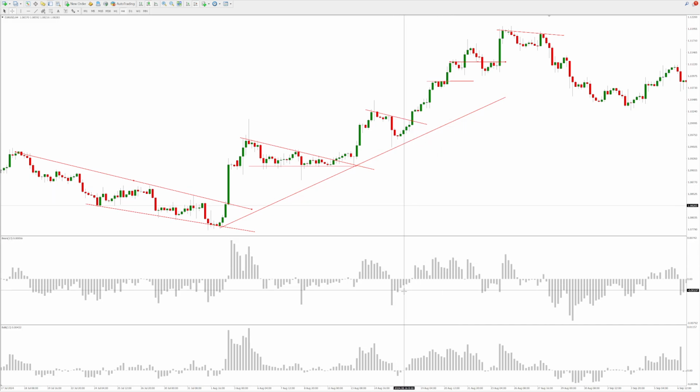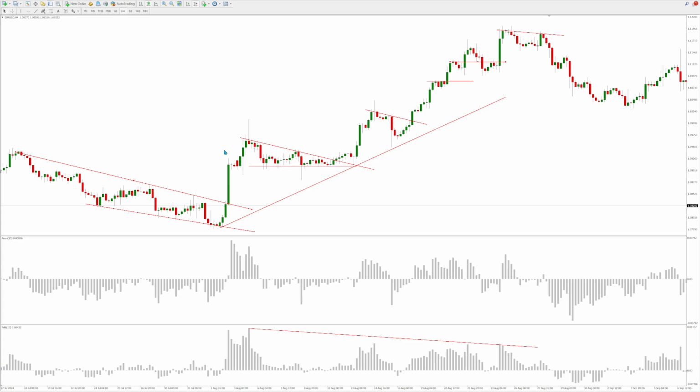So you could have used the increase in bears histograms on that indicator and also the increase in the bulls there to help time entry into this uptrend. And yeah, here's another pullback. You can see below 0, one last rally at the top there, but then you need to start thinking about the divergence.